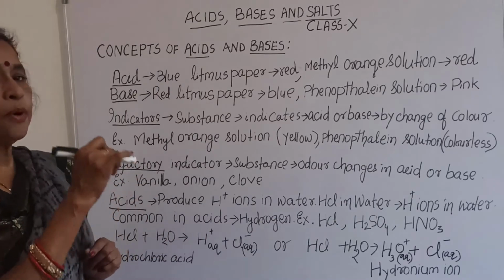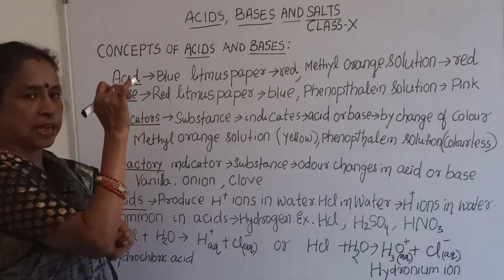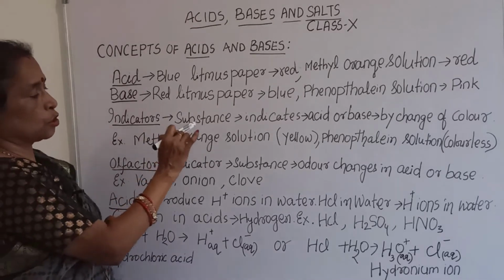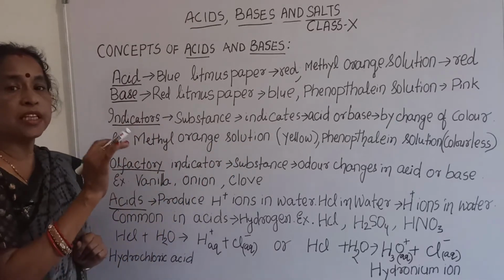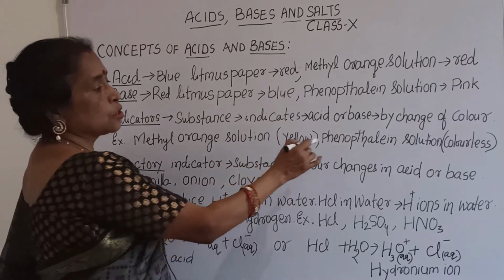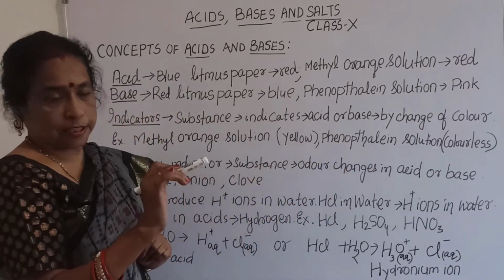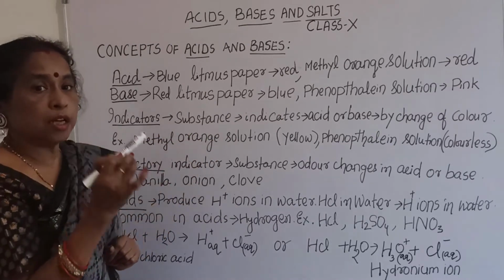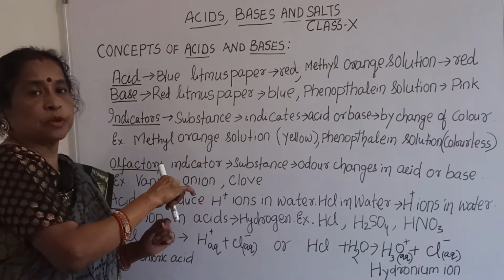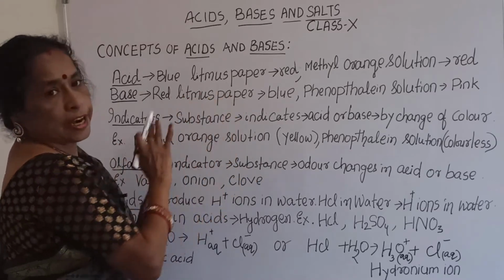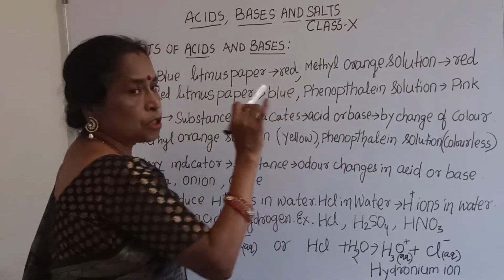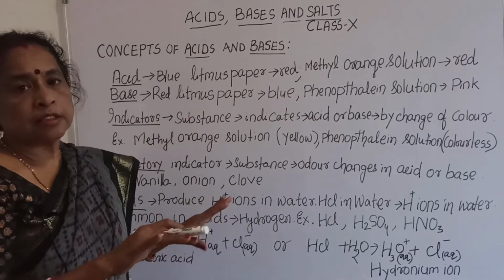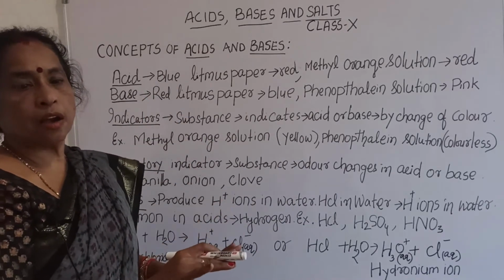That means if you add indicators to an acid or base, the color will change. For example, methyl orange solution, whose original color is yellow, and phenolphthalein solution, which is colorless. Methyl orange, which is yellow, turns red when added to acid. Similarly, phenolphthalein, which is colorless, turns the solution pink when added to base.